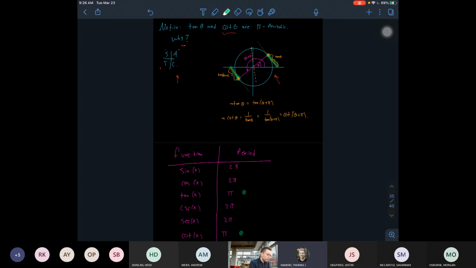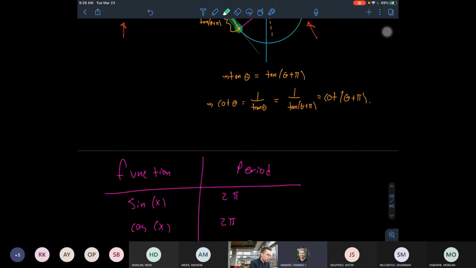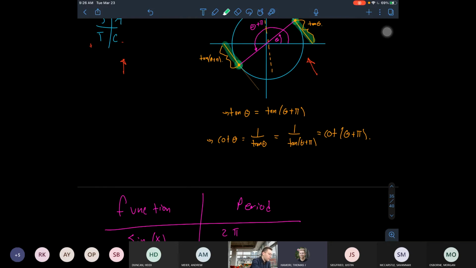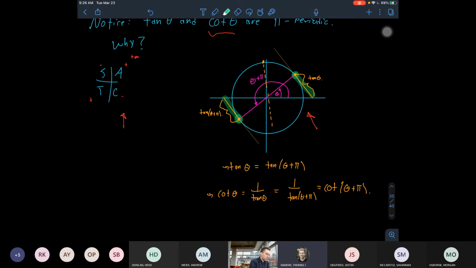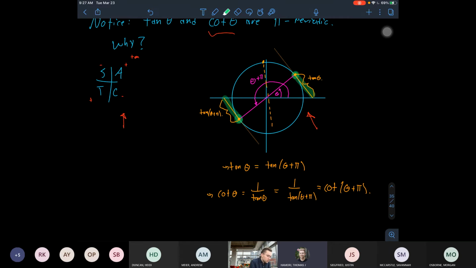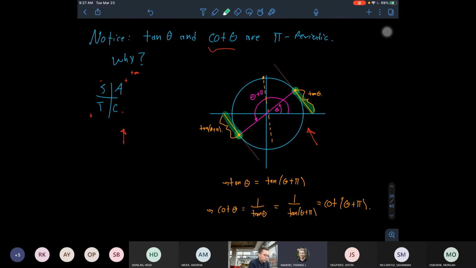So if you really like viewing things in a more algebraic or analytic way, like writing out the functions and working with the definitions, then great. If you like considering geometrically what all this stuff looks like on the unit circle, then that's also great. And if you want to imagine the relationship between the graphs of certain functions and other functions, that's also fine.